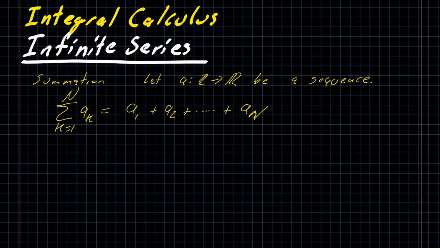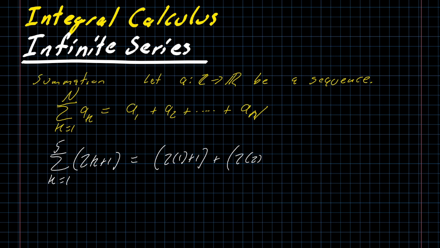So this idea of summation is something that you have seen before. And we know if we want to evaluate, say, the sum, k goes from 1 to 5, of 2k plus 1, well, we're going to get 2 times 1 plus 1, plus 2 times 2 plus 1, 2 times 3 plus 1, 2 times 4 plus 1.